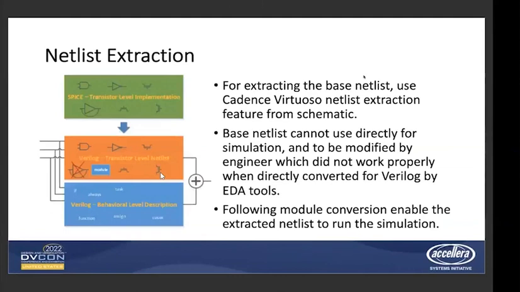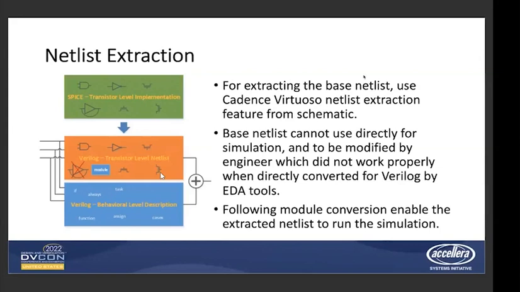For extracting the base netlist from designed schematics, we use the Cadence Virtuoso netlist extraction feature. However, we cannot use the base extracted netlist for Verilog simulation directly because the extracted netlist does not support analog delay characteristics, and there are some unsupported devices in there.